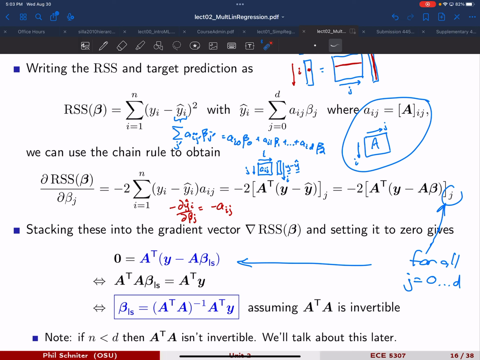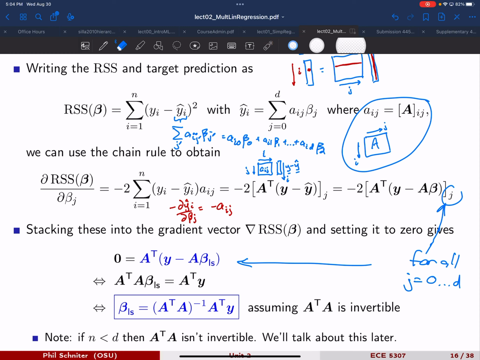Okay, great. One other comment about this invertibility. To get this to be invertible, there are some things we need. If the number of samples in our data set is less than the number of beta coefficients we're trying to design, n is less than D, this will not be invertible.